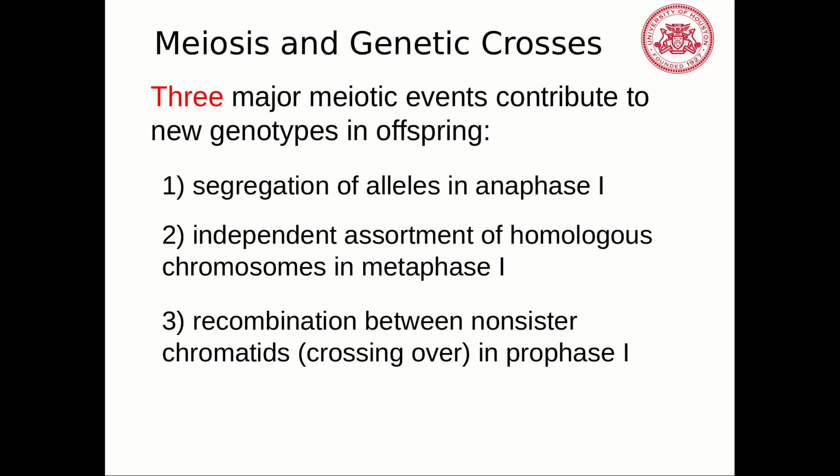All right, there are 3 major mitotic events that contribute to new genotypes of offspring. So you need to learn these. You literally just memorize these. You need to become familiar with the terms of recombination, non-sister chromatids crossing over. Of course, hopefully you know anaphase and metaphase and such things from introduction to bio, and homologous chromosomes we've kind of talked about.